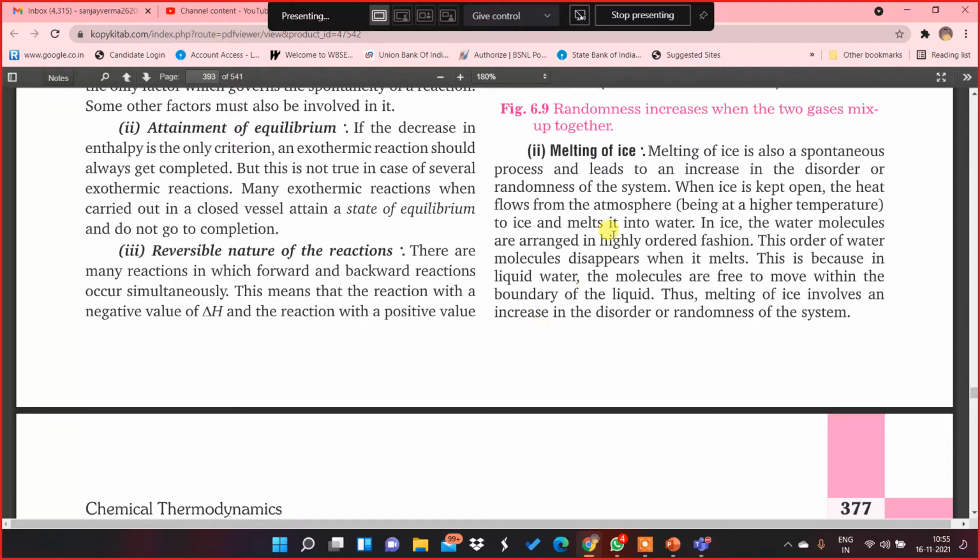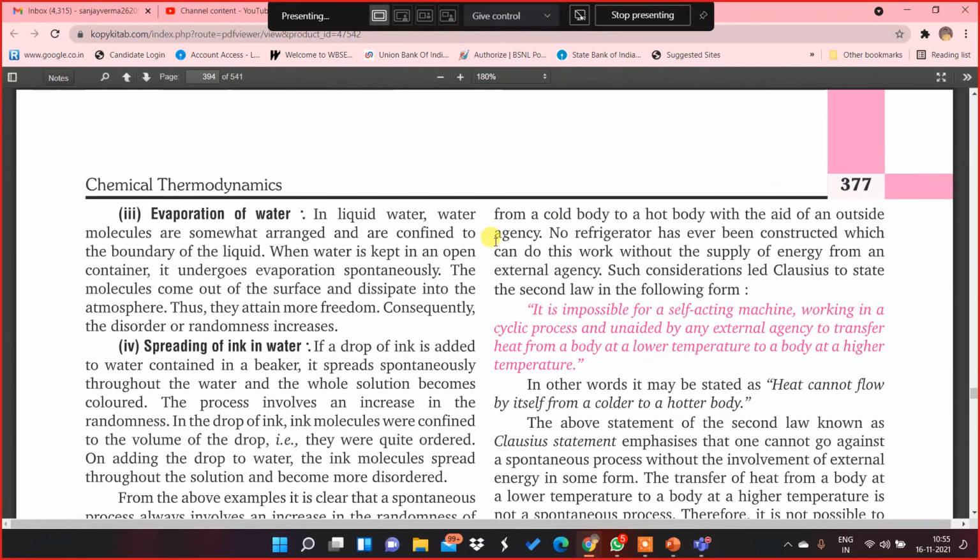So, we have been seeing again and again that for spontaneity, the disorder or randomness of the system have to go hand in hand together. Then only the reaction can be termed a spontaneous process. Then the other example is evaporation of water. In liquid water, water molecules are somewhat arranged and are confined to the boundary of the liquid.